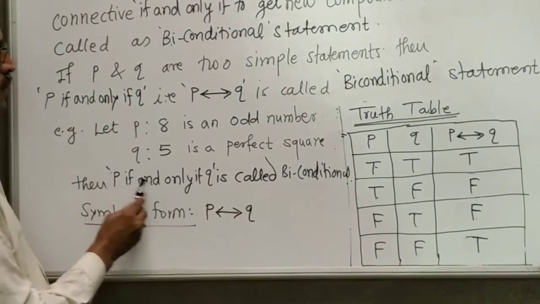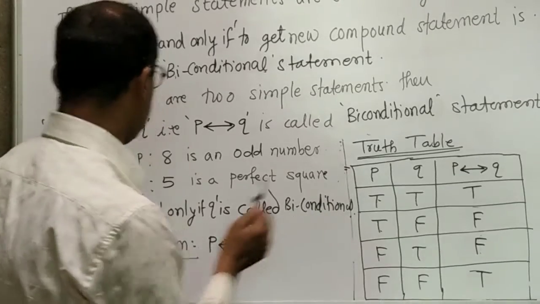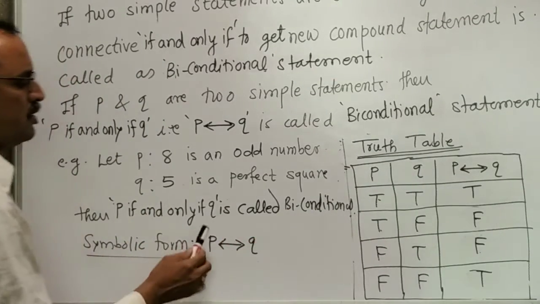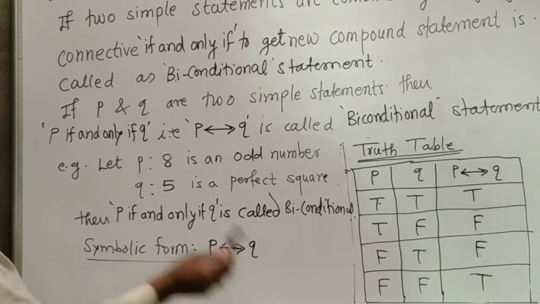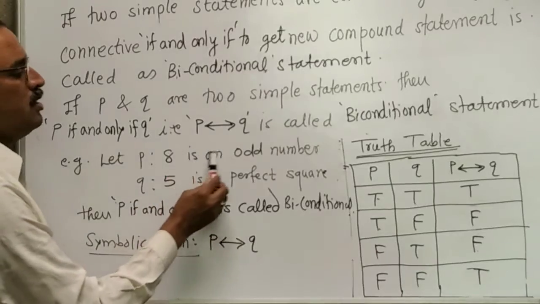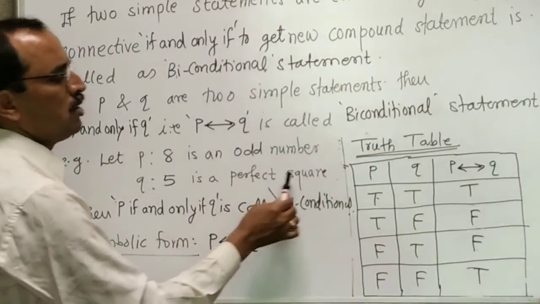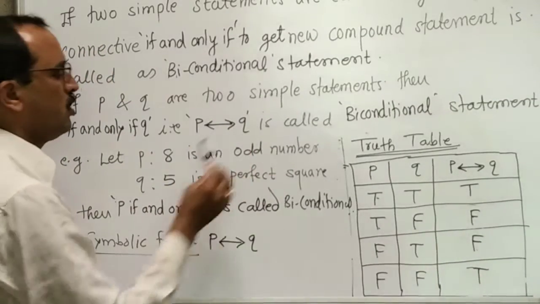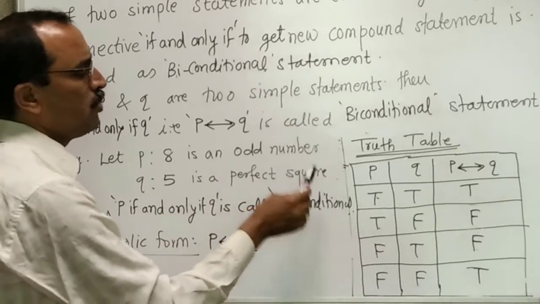Then P if and only if Q is called a biconditional statement. In symbolic form, it is written as P if and only if Q. That means "8 is an odd number if and only if 5 is a perfect square". This is the verbal form.